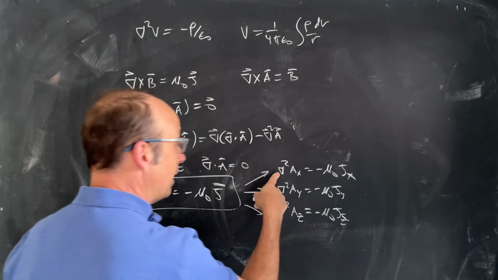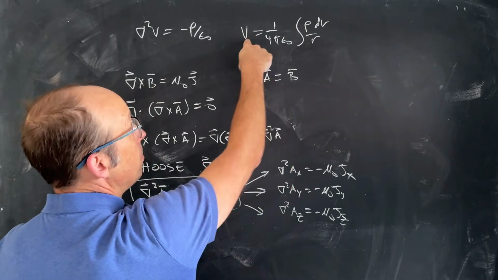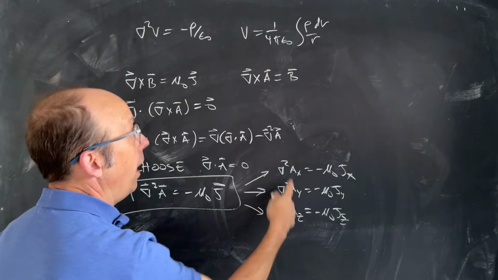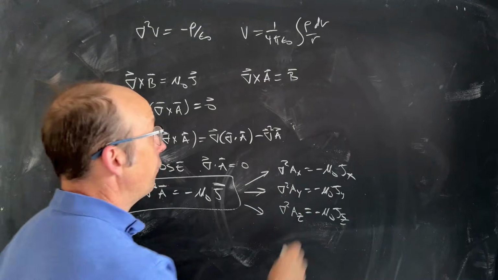Now, mathematically, this is identical to that, which means that AX should be identical to this, and AY identical to that, and AZ identical to that. So we get the following.